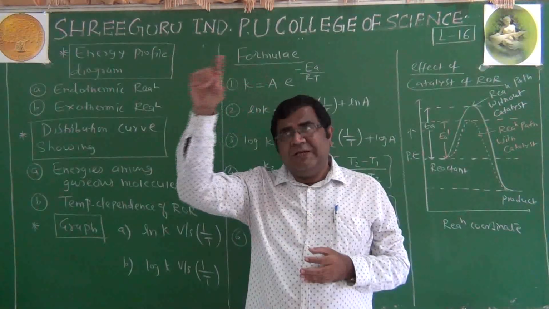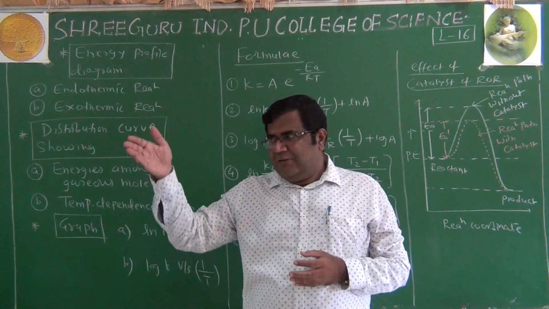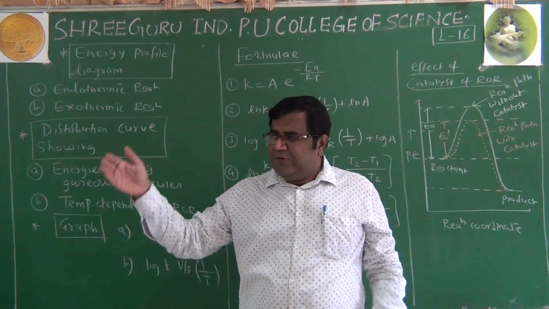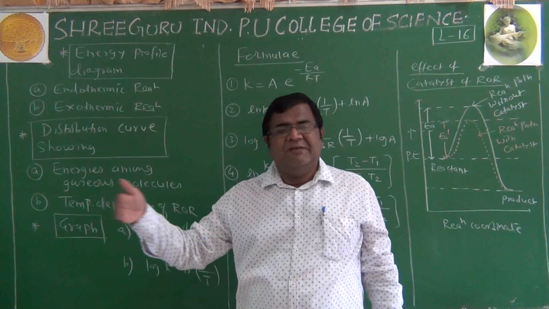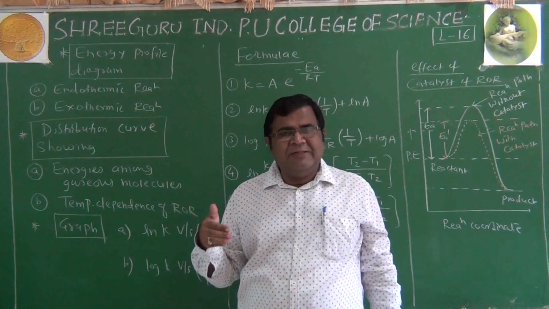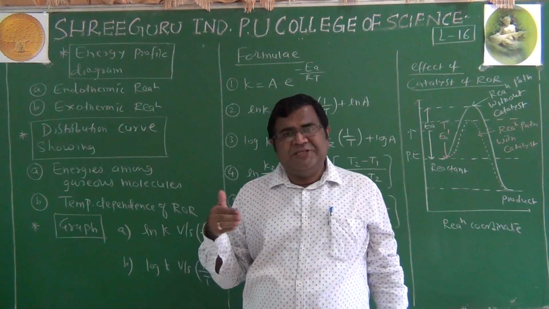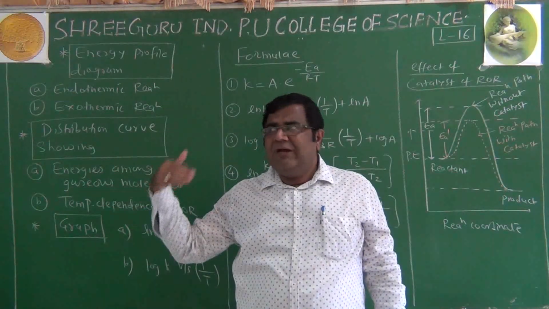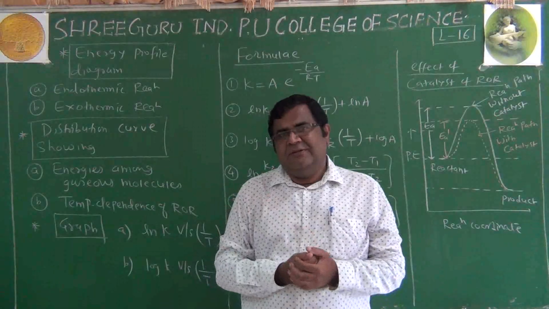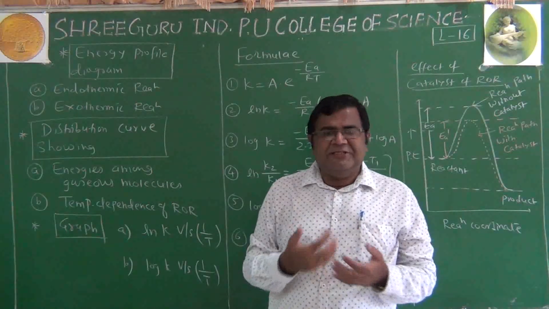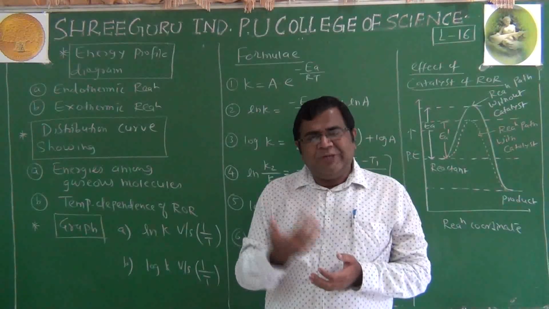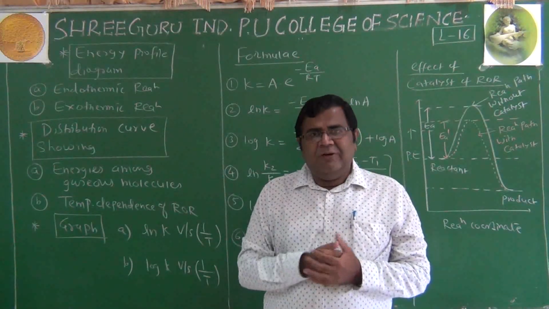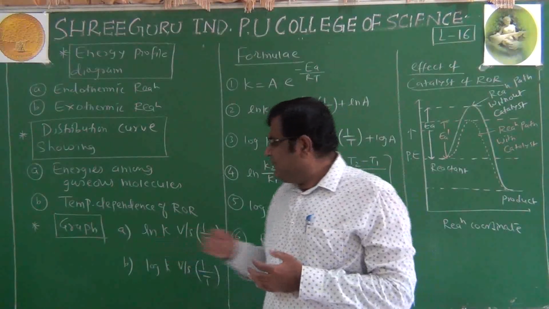One distribution curve at T K, we have noted activation energy on the x-axis, and we have seen the fraction of molecules having energy equal to or greater than activation energy at T K. One more curve at T plus 10 K, we have additional number of molecules which are energetic, activated. They are nearly 2 times, that's why rate of reaction increased by 2 times. We have written explanation also for that.